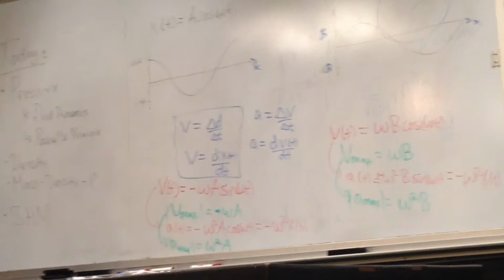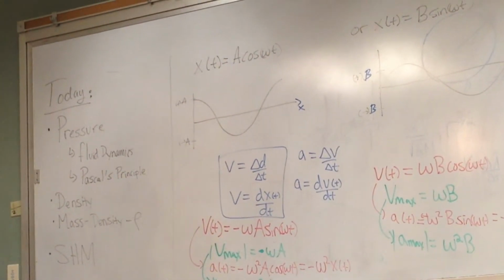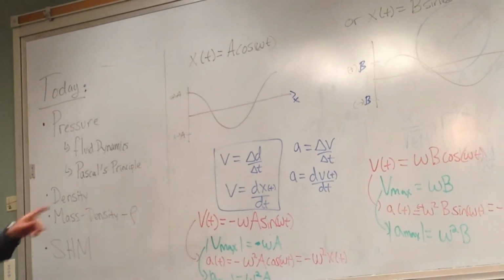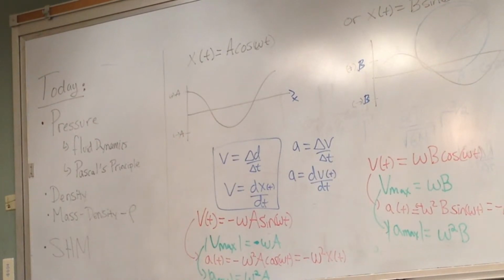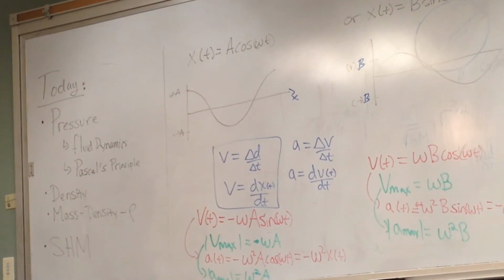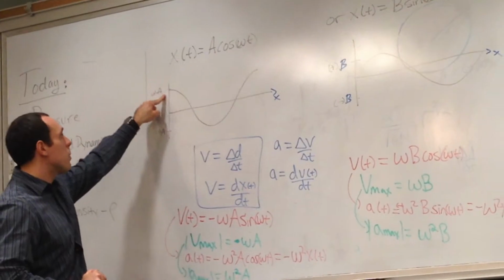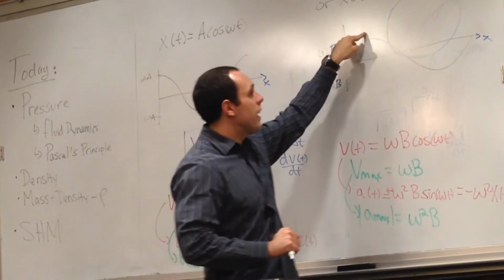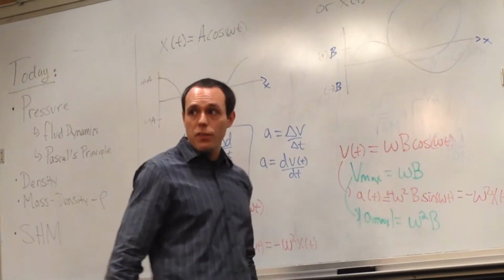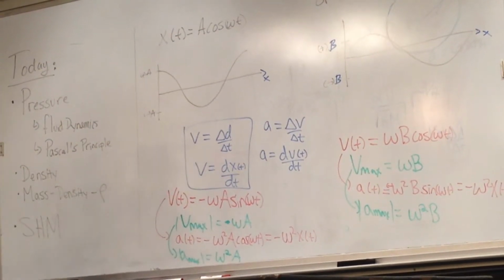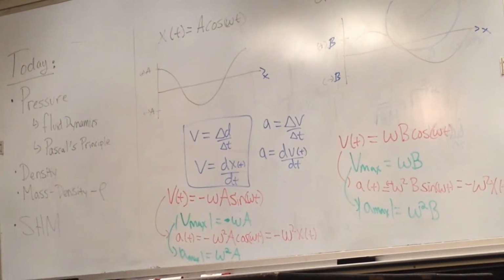So that's why your textbook quotes the maximum velocity as omega times the amplitude, and the maximum acceleration as omega squared times the amplitude, where the maximum is just pointing in this position or this position or here. So that's what it's referring to in each of these cases. So that's how we get that.